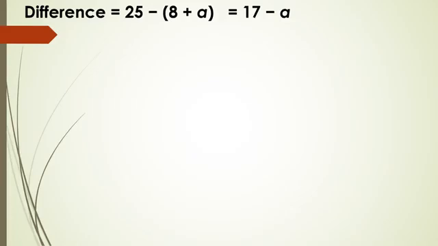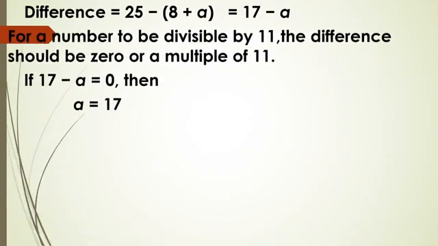Now see, out of 17, what will you subtract so that you get 11? Okay, from 17, which number will you subtract so that either you get 0 or a multiple of 11? 17 minus 17 is 0.